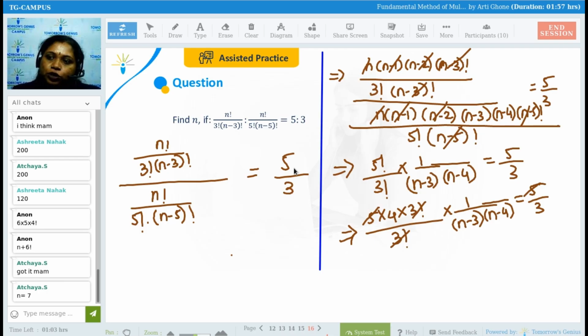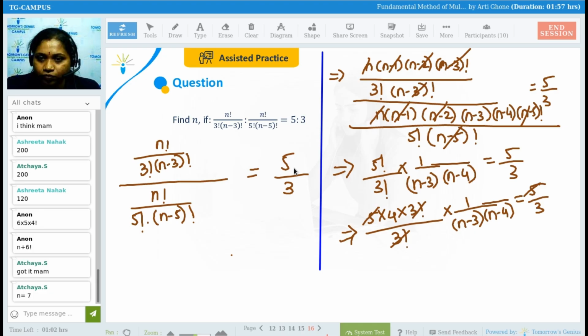If you multiply (n minus 4) into (n minus 3) to form the identity n square minus 7n plus 12, then bye bye. Then go and sleep and don't solve that question. It will not reduce to factors. So don't multiply brackets here, not needed. We are solving for the n values, so whatever factorization is possible, just do that only.